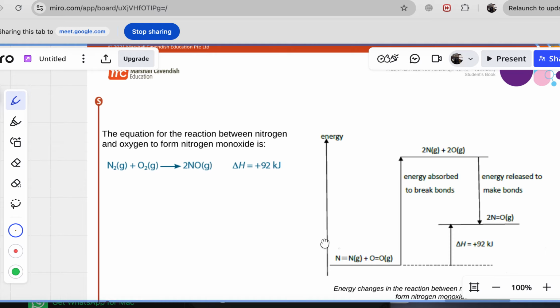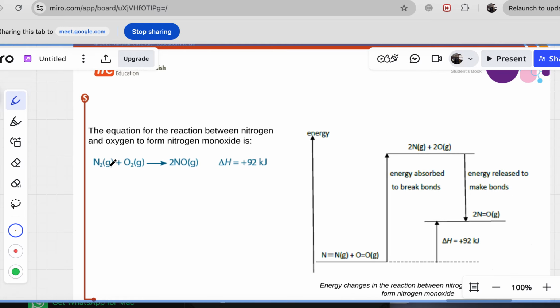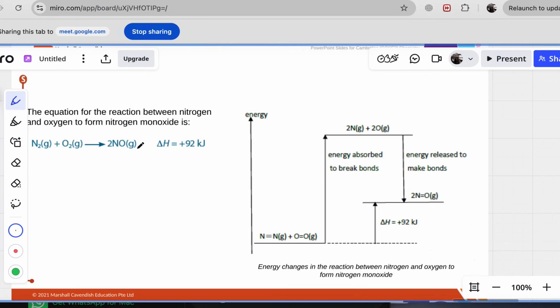So you have to break this nitrogen to nitrogen triple bond. I already explained this. And then you break oxygen. Why is it an oxygen to oxygen double bond? Because the atomic number is 8. The first shell has 2, the second has 6, so it requires 2 more to make 8.